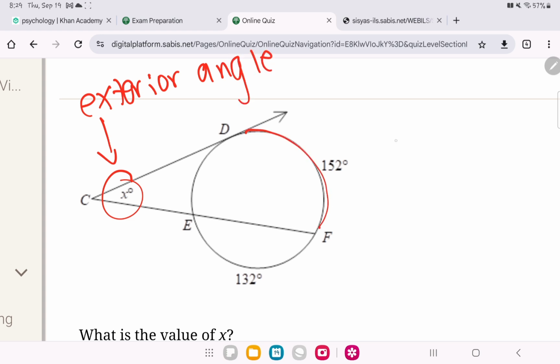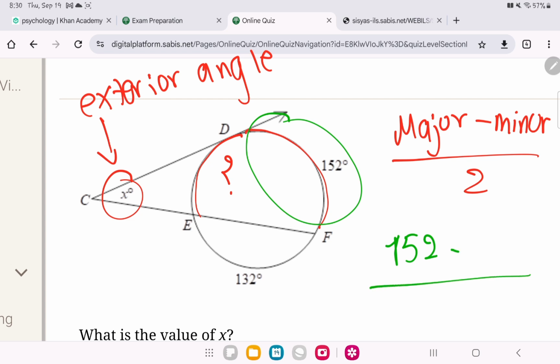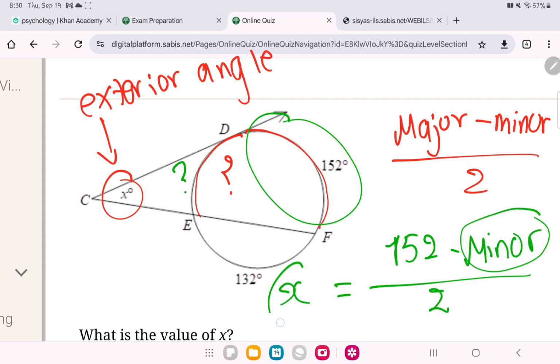We do the big measure, I'm gonna say major, minus the small measure, which is minor, over 2. But we need to find the minor. What did they give us? They gave us the major, which is 152, minus the minor that we need to find, okay, over 2. So we have 2 unknowns. We cannot work like this.